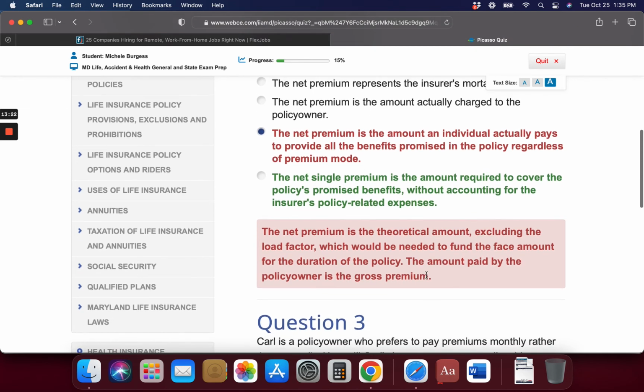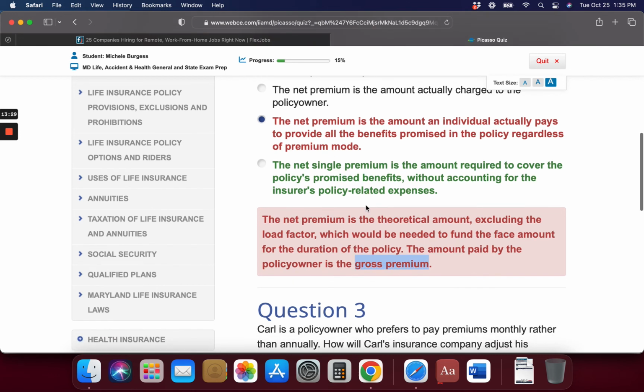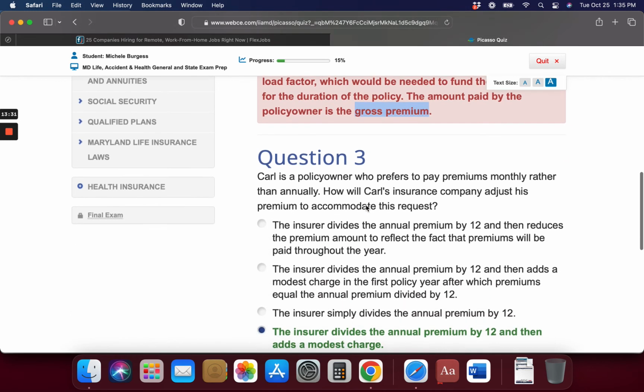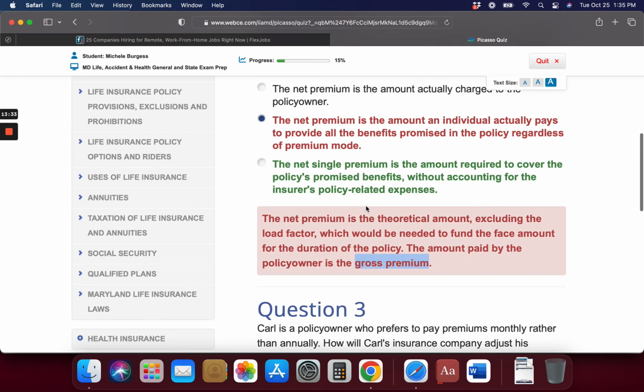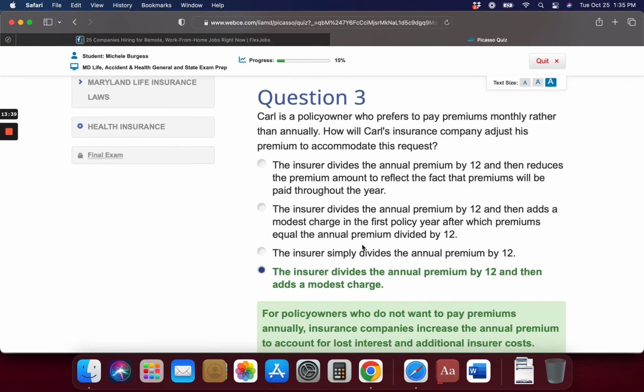Okay. Kind of like when we get paid. We have a gross amount we get paid, and then they take all the stuff out, and it ends up being the net pay. If that helps you remember the gross premium and net single premium. Remember, the net premium is the final after everybody takes everything out.